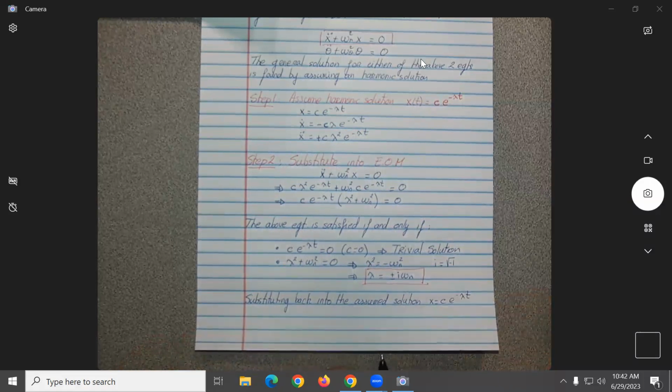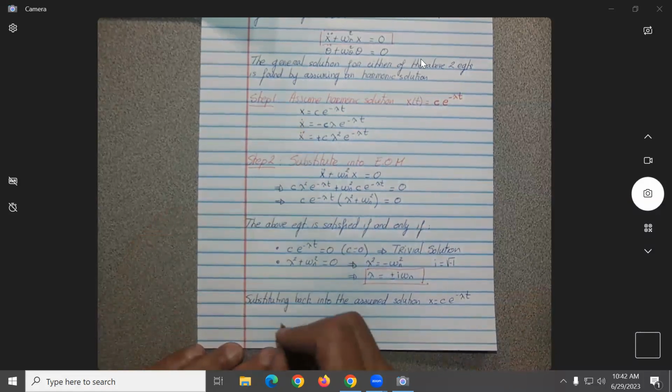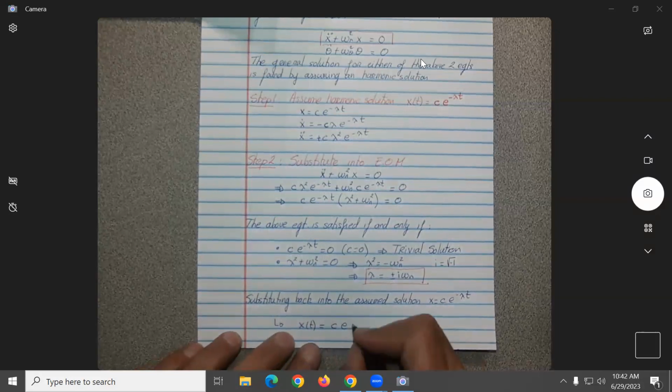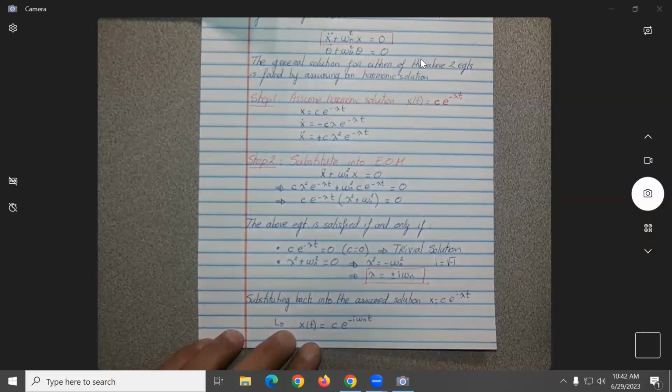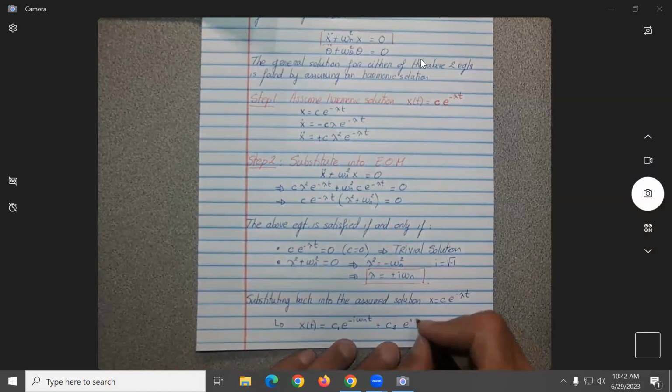This one over here, no? This equation here, assumed solution was this one. So we can have what? X of t will be equal to what? C exponential of minus i omega sub n t. So let's call this one C1, plus C2 exponential of i omega n t.